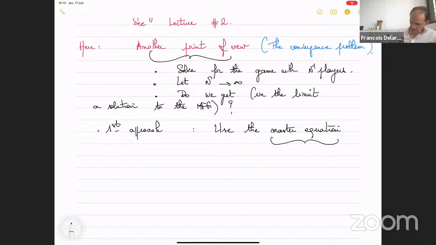So this is just, let's say, under the Lasry-Lions condition, because I need a classical solution to the master equation.